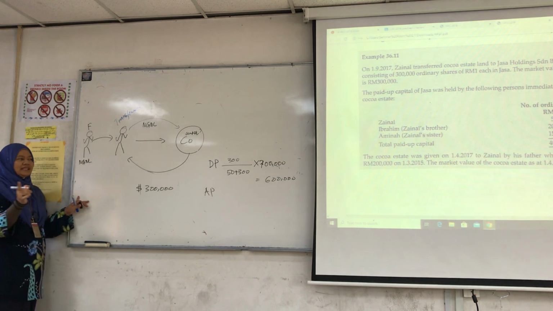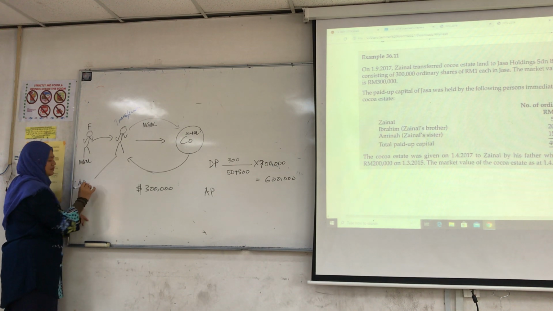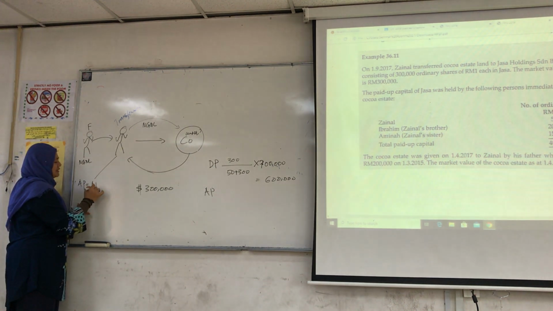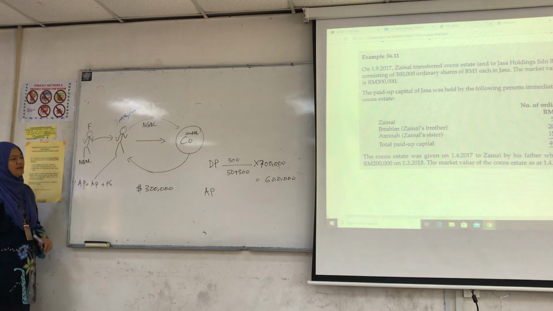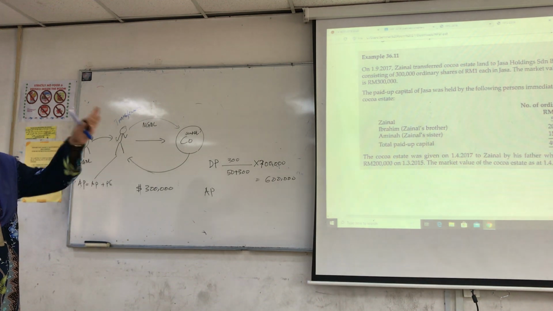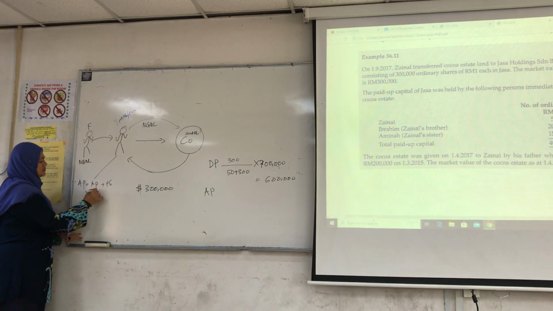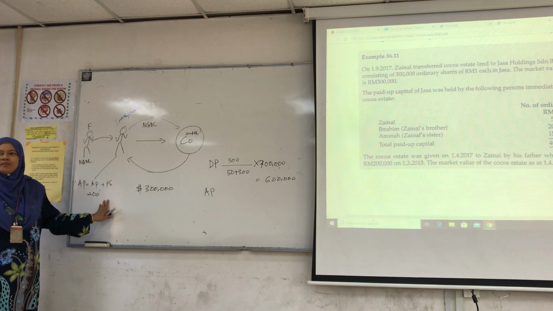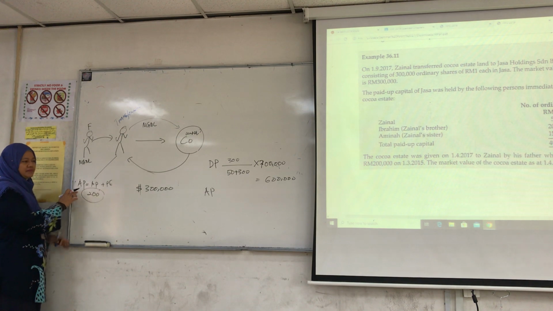Right? So Zainal's AP is what? AP of father plus PE of father. How much is the AP of father? The Coco Estate was given to Zainal by father who acquired it for 200,000. AP is 200,000. Any PE? No information provided. So 200,000 is the AP of Zainal.